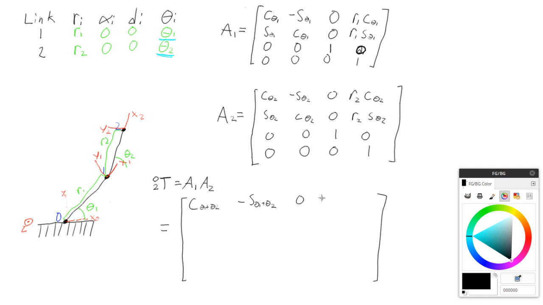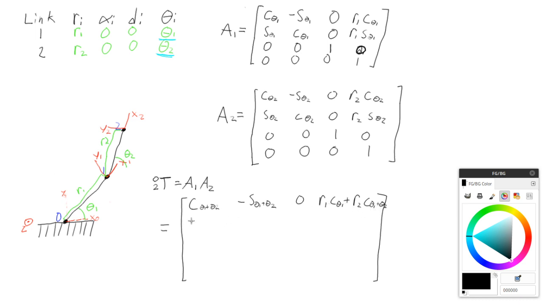And the next term, oh sorry, this should be R1 cosine theta 1 plus R2 cosine theta 1 plus theta 2. So this is the cosine of both these angles added together.